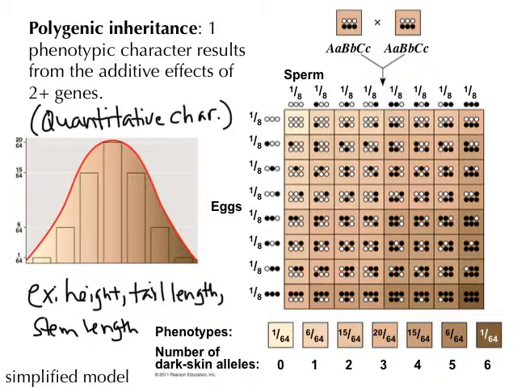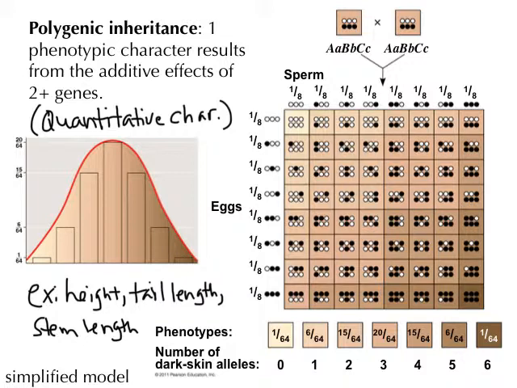Sometimes they produce enzymes that convert products into pigment or don't. And sometimes they do regulatory genes that turn off and on the amounts of the other genes that make the pigments. So there's all kinds of ways that these genes can result in pigment or not. In any case, we have 2 people here who are tri-allelic hybrids. They're heterozygous for all 3 of those genes.